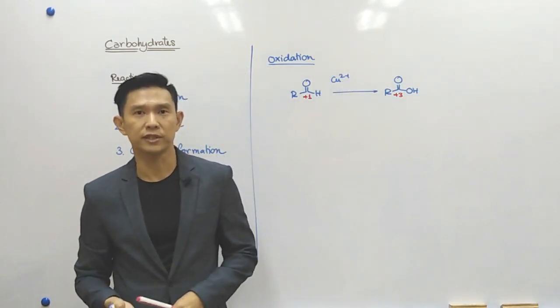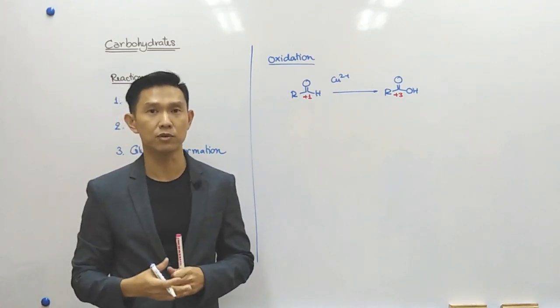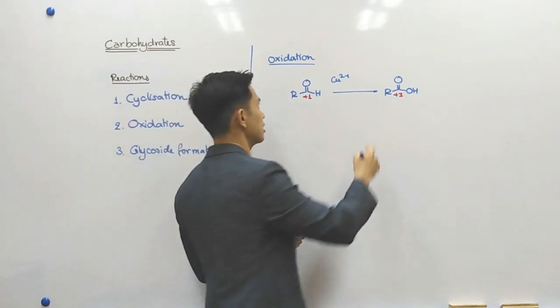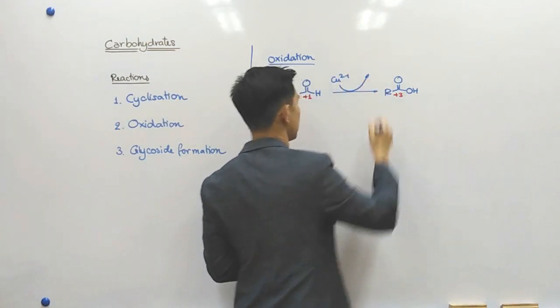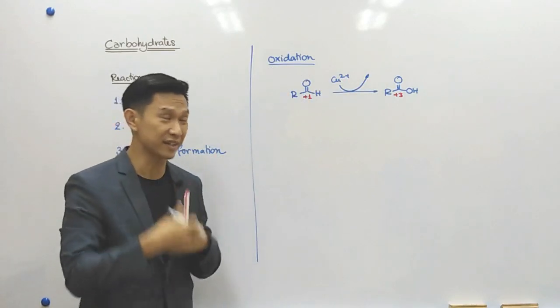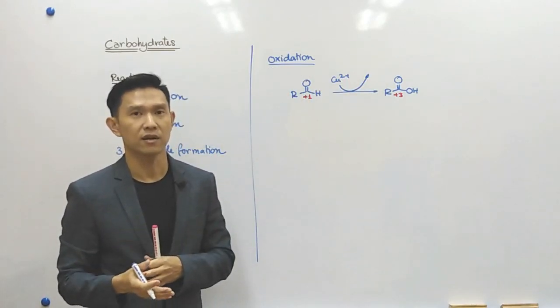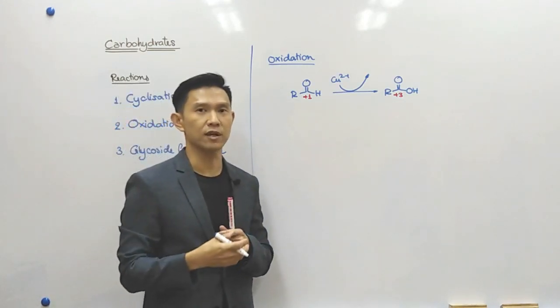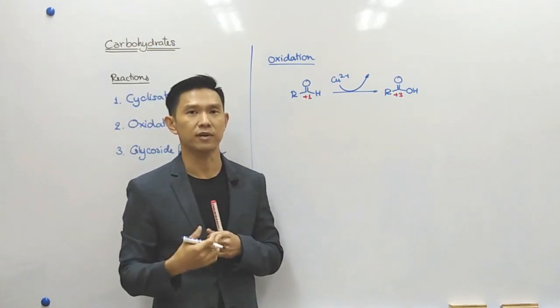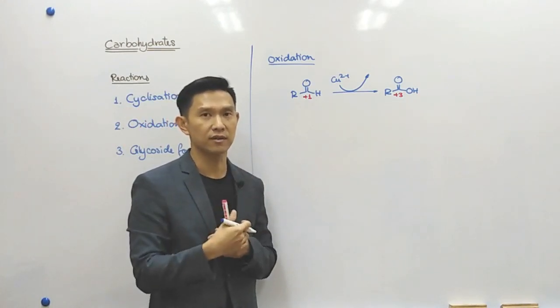Copper 2 sulfate, for example, is in solution form, aqueous solution in blue color. After oxidation, your copper is reduced, right? Because the oxidation and reduction process happens together. If one of the chemicals takes electrons from someone else, that means you oxidize that thing, right?